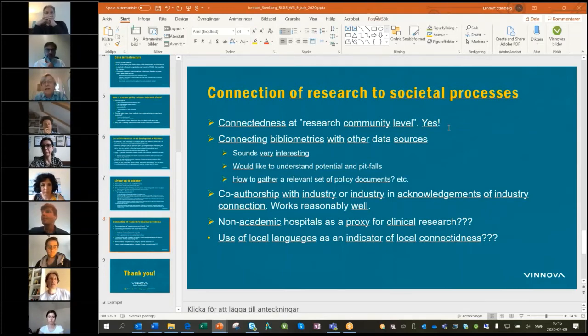But generally, I very much support that. Connecting bibliometrics with the other data sources that were presented sounds very interesting. I would like to understand that much better, and also the pitfalls. I heard a bit more during the presentation about the relevant set of policy documents. I was not aware of that. It's interesting.